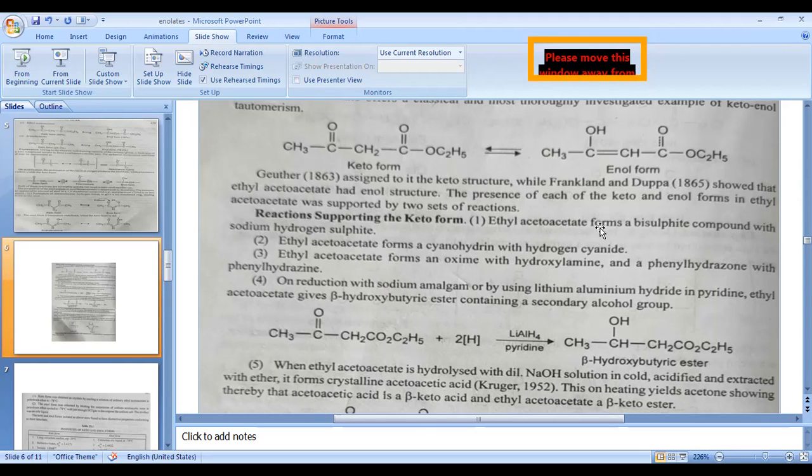This is concrete proof that it contains a keto group.